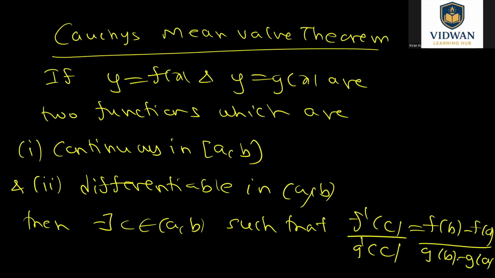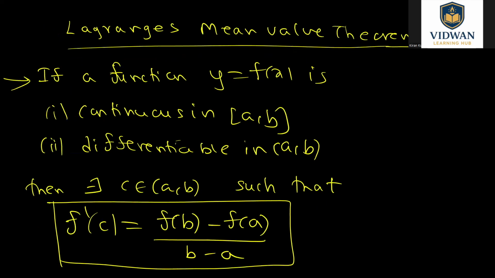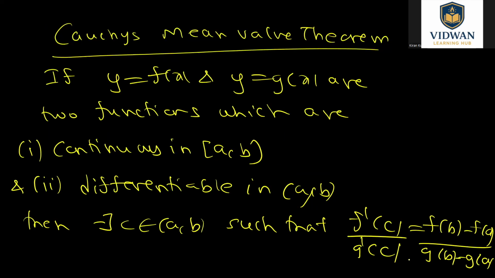So since both are satisfying the conditions, you can apply the previous theorem separately for both the functions and then divide the answers to get this result. So we don't need any proof again for this. This is Cauchy's mean value theorem.